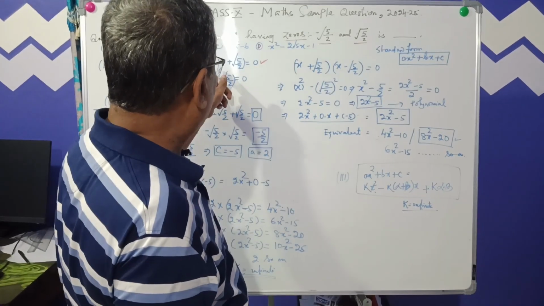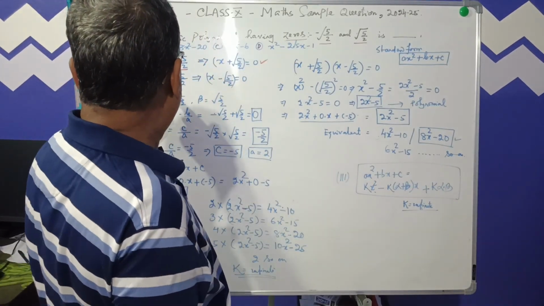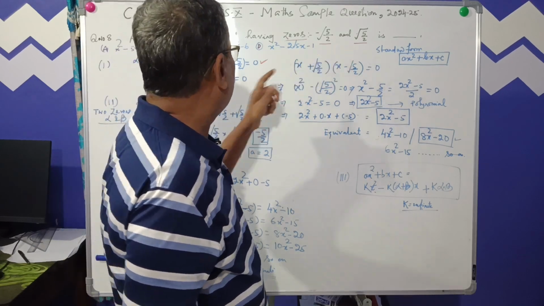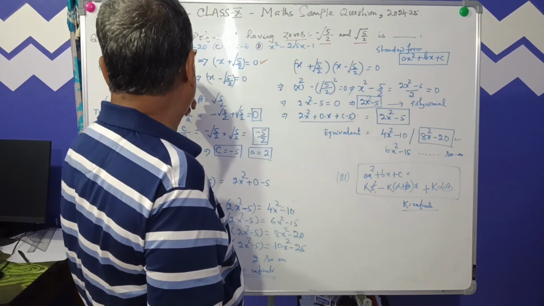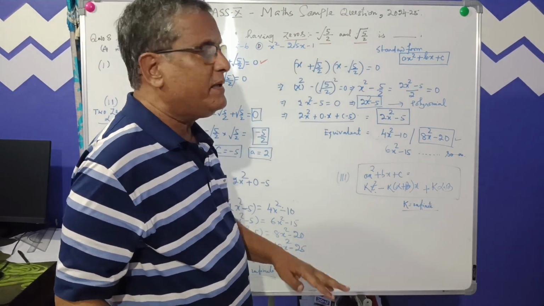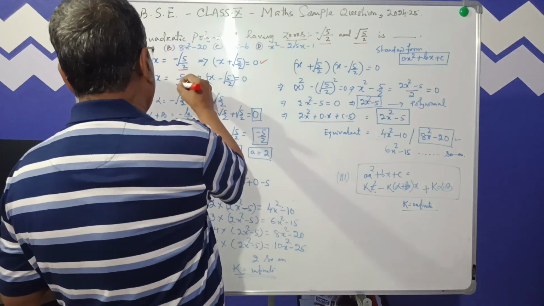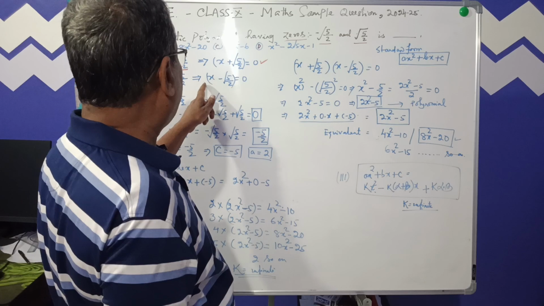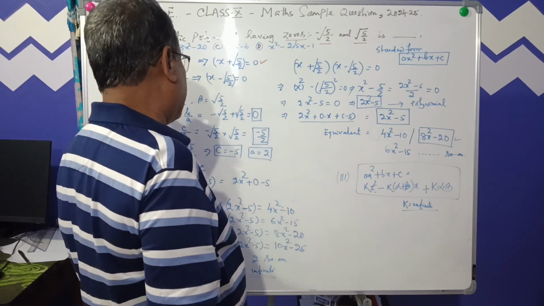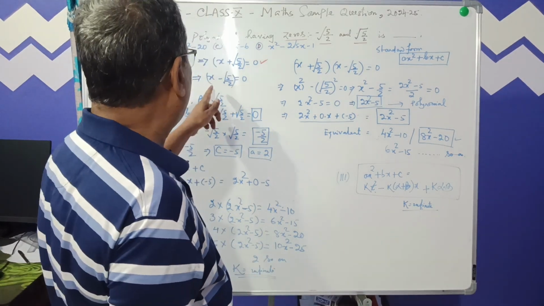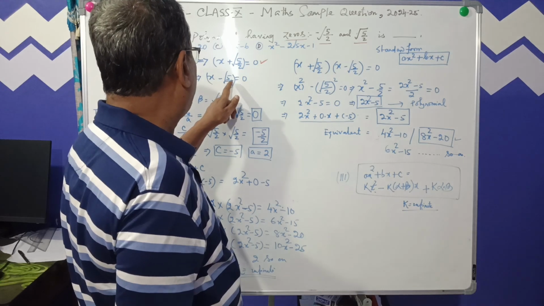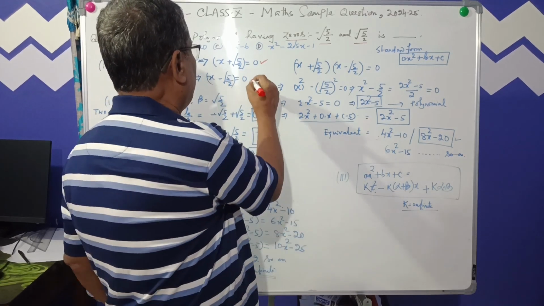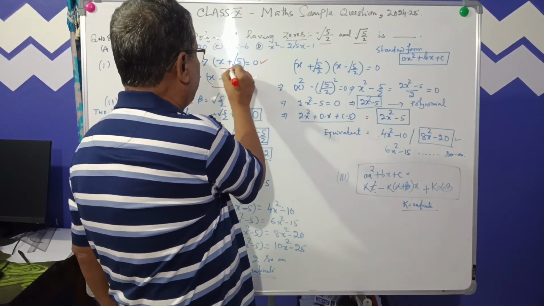Another root, let x be equal to root 5 by 2. Your two roots are given. So by transposition, x minus root 5 by 2 is equal to 0. This is a factor and this is a factor.